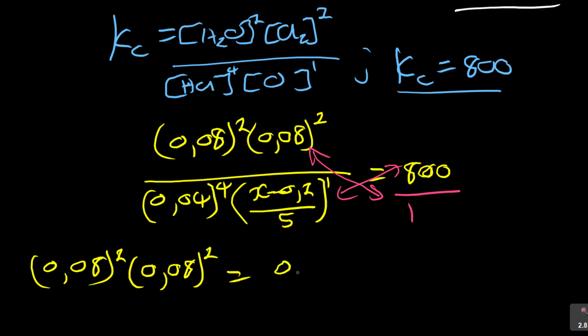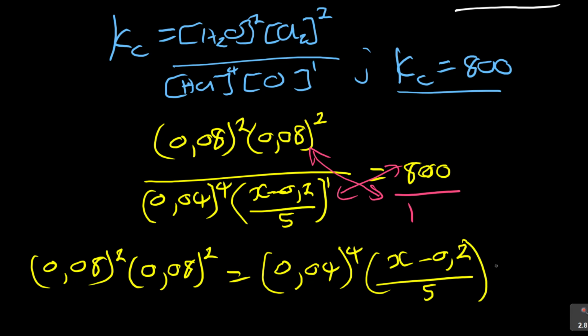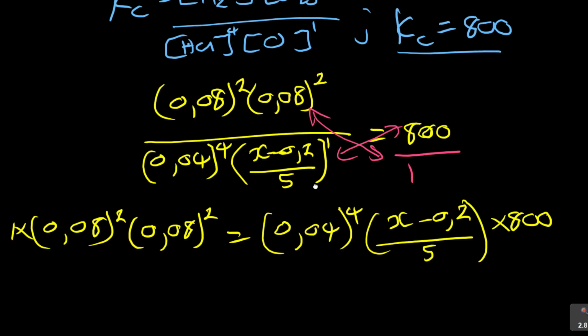Remember the importance of you doing pure maths here now, because it helps you now. This times x minus 0,2 over 5 times 800. I just cross multiplied. I took 1. This is times 1, 1 times this, so nothing changes.